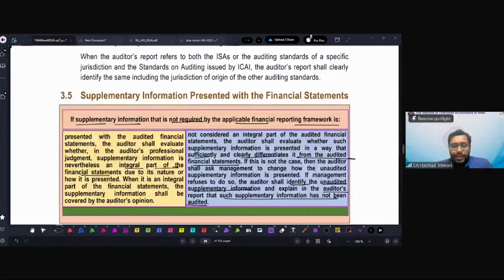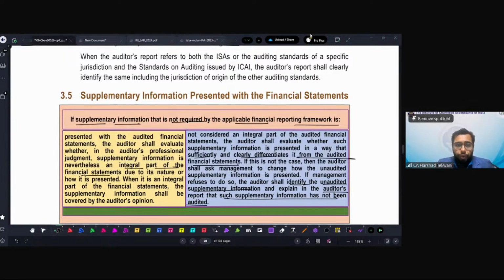Any doubt till now, guys? Okay. If no further doubt, that was your SA 700. What we have discussed in the audit report till now was your SA 700.